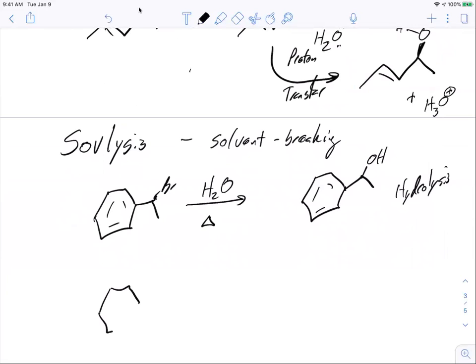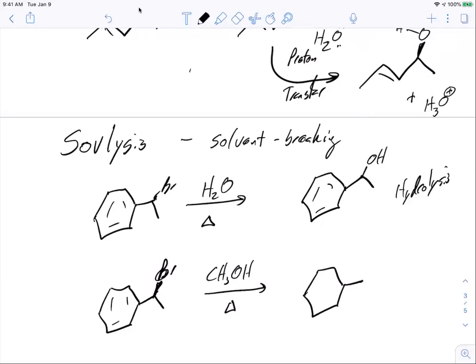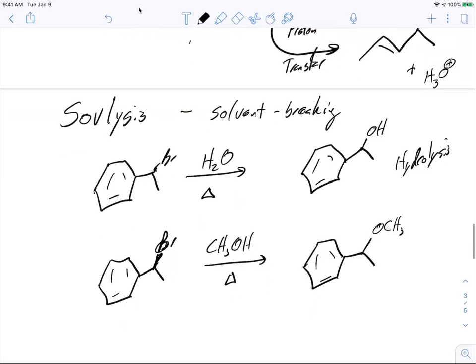But I don't always have to use water. Take the same substrate. This time, let's use methanol. And instead of ending up with an alcohol, right, we end up with an ether.